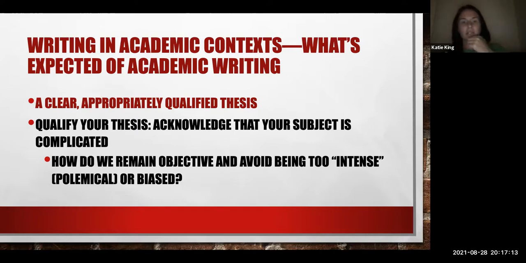Acknowledge that your subject is complicated. So again, using your toolbox, what you've learned in the many, many years you've spent in writing and or English and or language classes, according to you, how do we remain objective and avoid being too intense, too polemical, or too biased? Think about it.